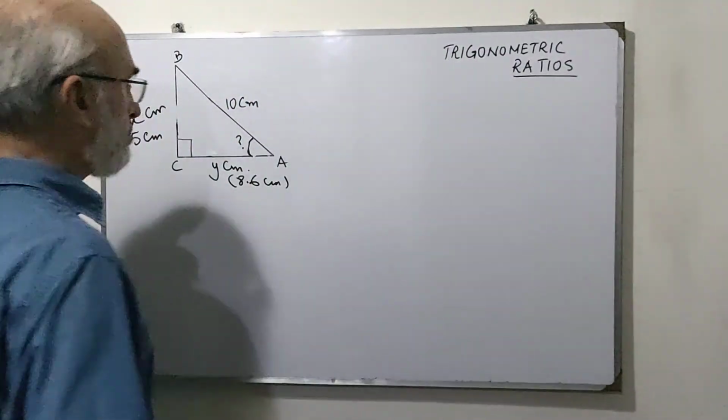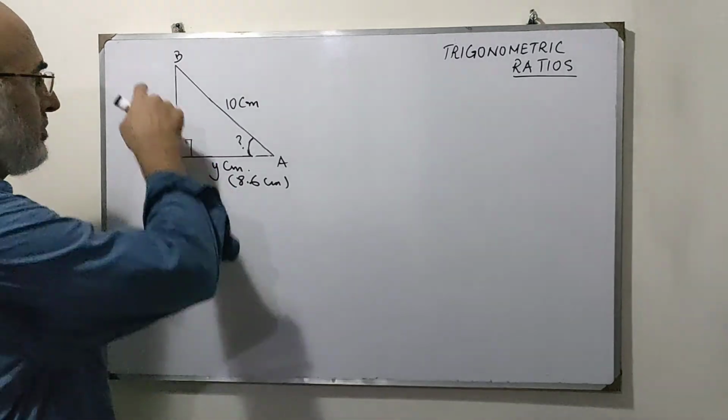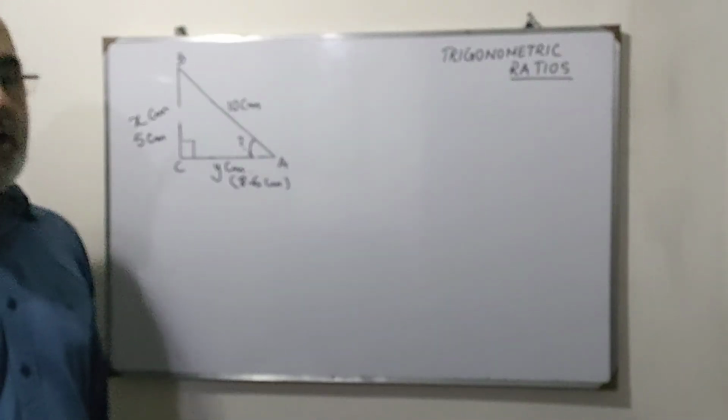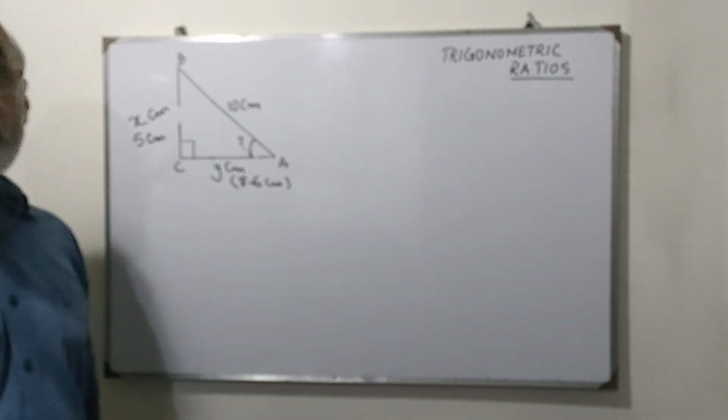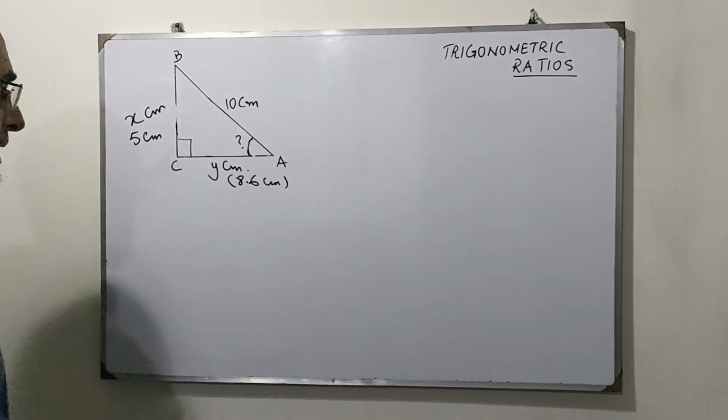Okay, same triangle, I have the given sides. We have just calculated these sides. But now the angle is not known. What do we do? Okay, let's take the same two sides.